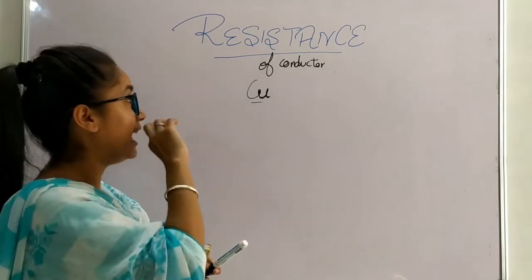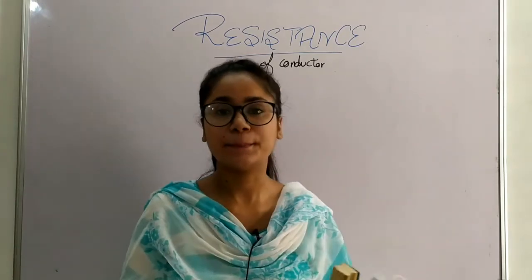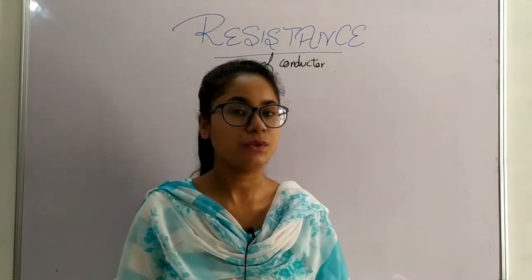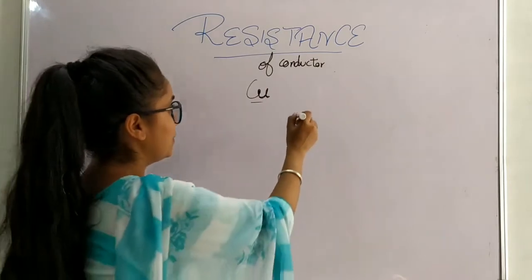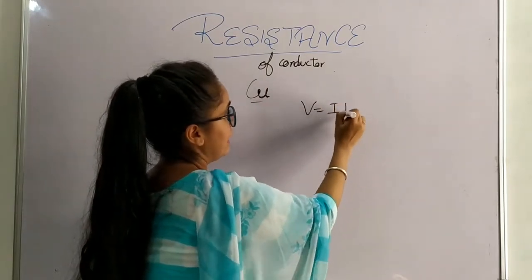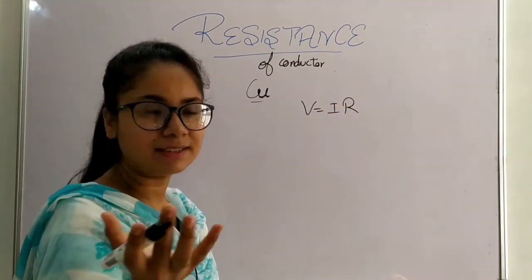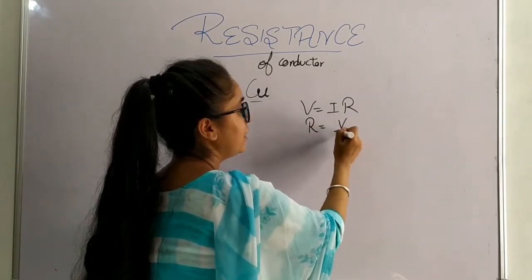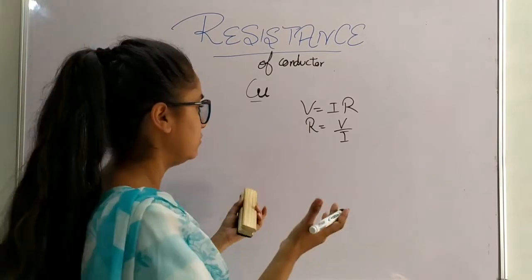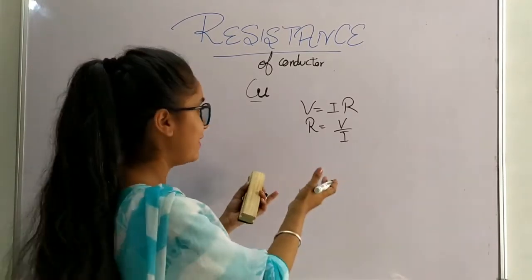Okay, so if we have to define resistance mathematically, how would we define it? Well, if you remember Ohm's law, what does Ohm's law say? V equals IR. You remember that? Well, that's good. So R equals V over I. So this is what resistance is. R is resistance.